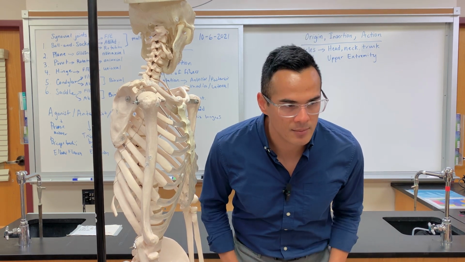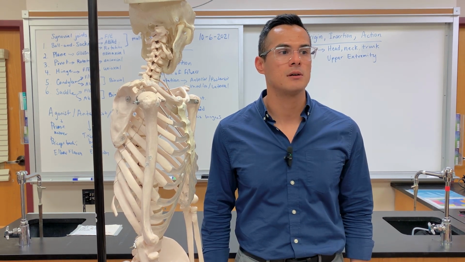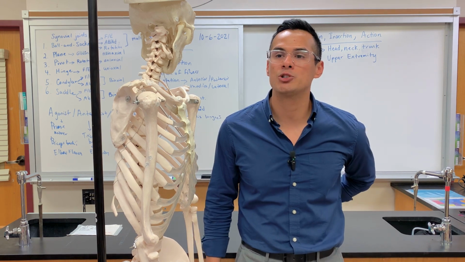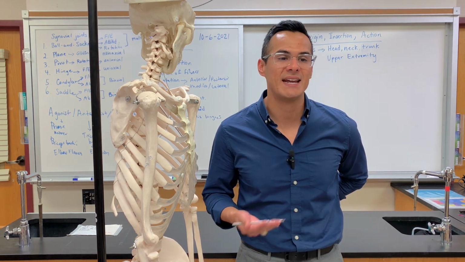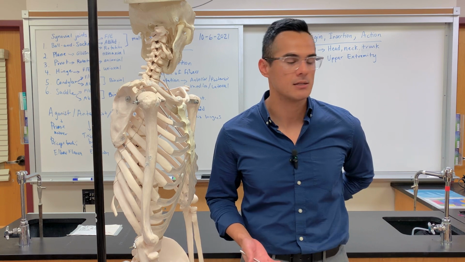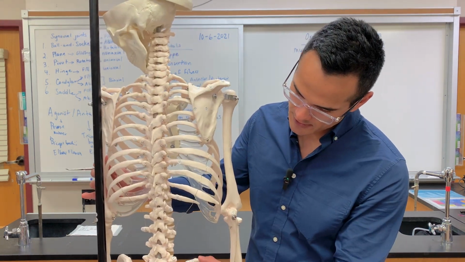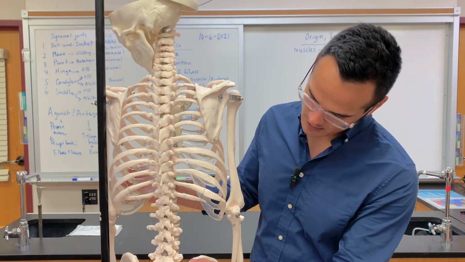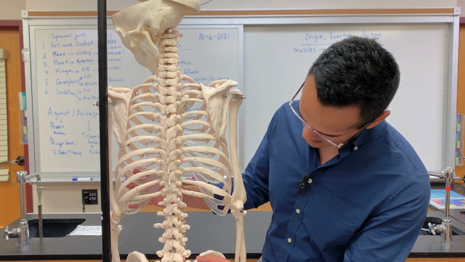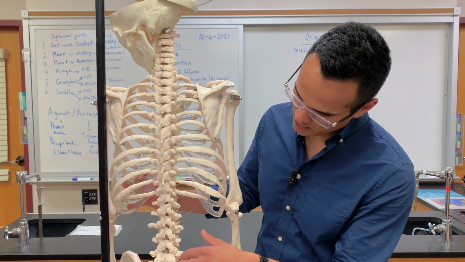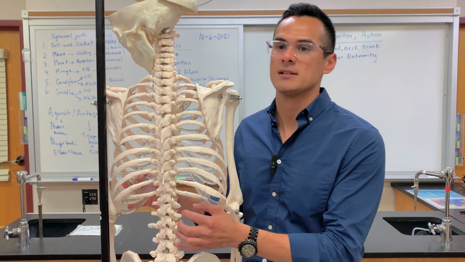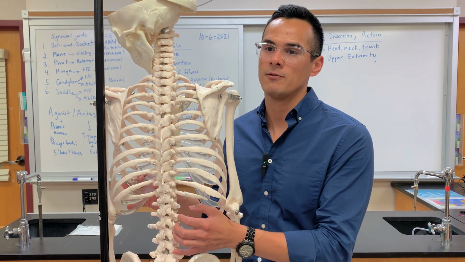But when I come back upwards, I'm using what's known as the quadratus lumborum. Those also have an antagonist relationship; they do opposite things. The quadratus lumborum is found here. It's on the iliac crest, and it inserts on the transverse processes of the lumbar vertebrae.